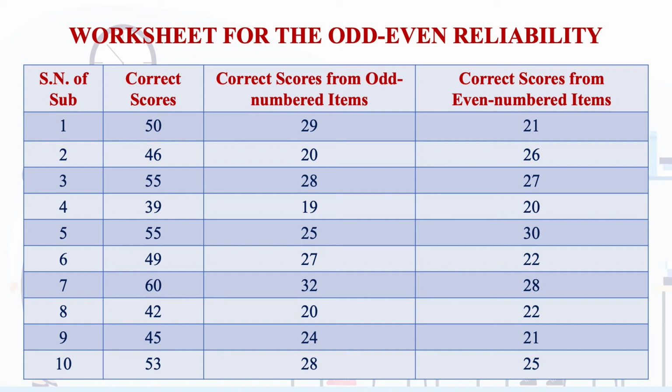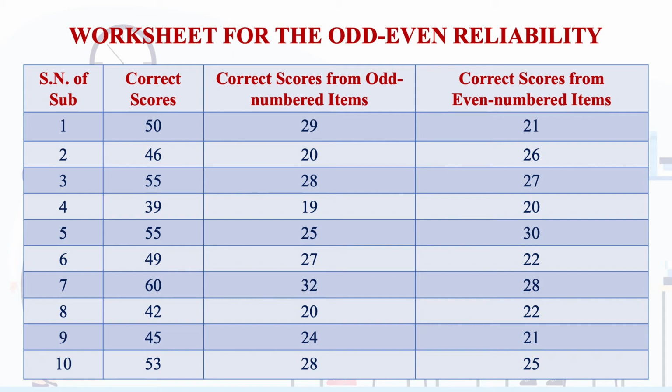The test will be administered upon how many students? So serial numbers of the students are there, and further correct scores are there. After administering the test, let student number 1 have secured 50, student number 2 secured 46, student number 3 secured 55. Then further, what you will do, you have to split these full scores into two equal halves.